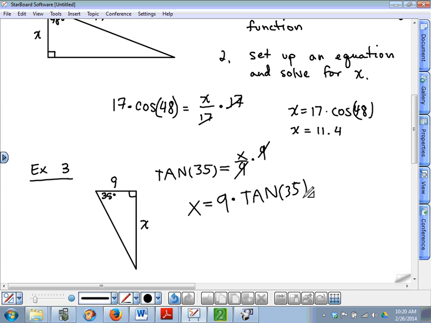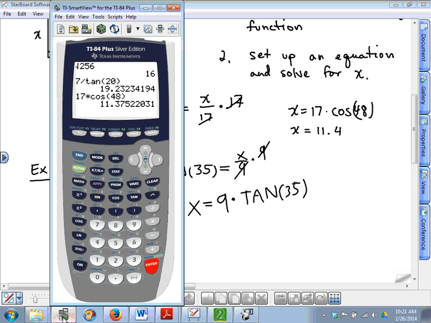Down at the bottom, hit the calculator icon. Now type it in. 9 times tangent.